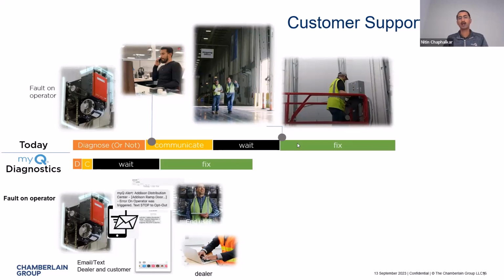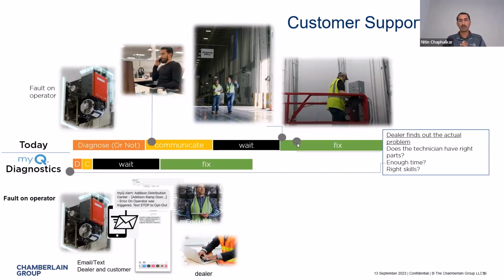So if you think about when you have the information that is necessary for you to fix the end user's problem, today it is when your technician shows up at the customer site, versus when you have MyQ Diagnostics, the information is available to you exactly at the point when the problem happens, and the customer knows. So there is no miscommunication, there is no problem.